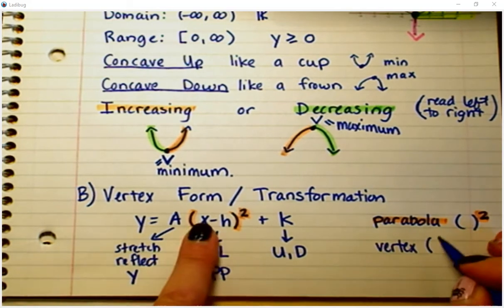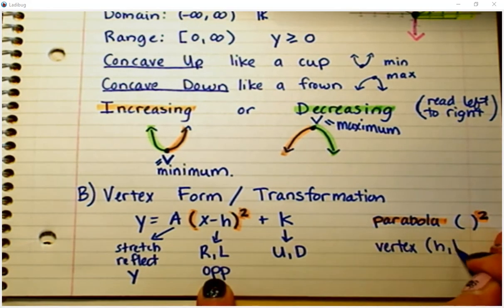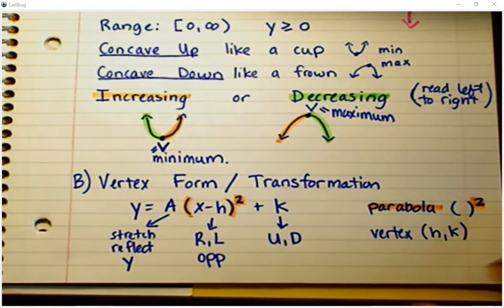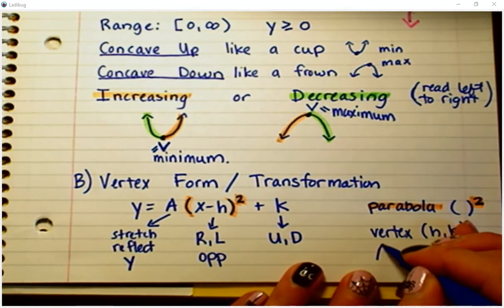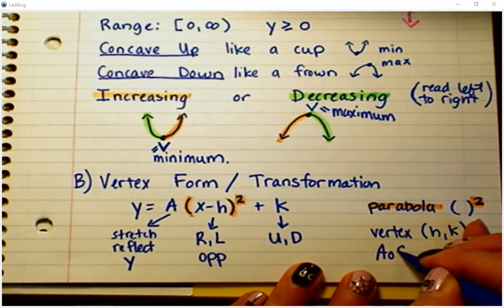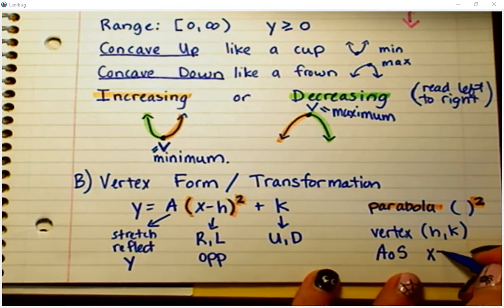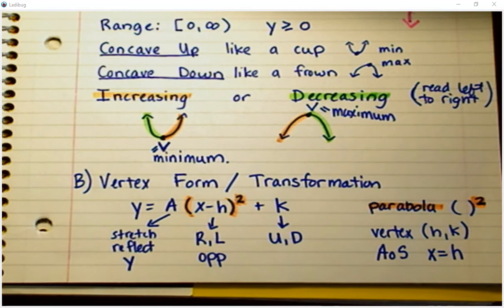All right, so the vertex is (h, k). The axis of symmetry goes through the vertex. See, they're connected. That's the vertical line down the middle of the graph. All right.